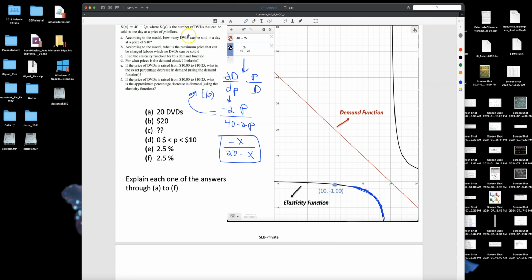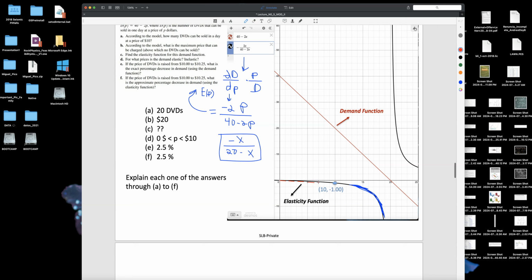But if I am here, and let me use another color, red, with dashed lines, within this range of prices the elasticity is almost linear, between 0 and almost 10.